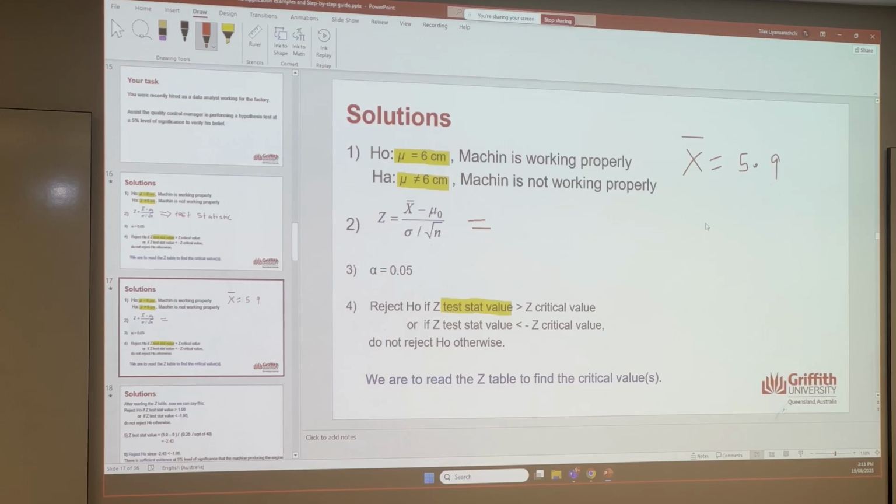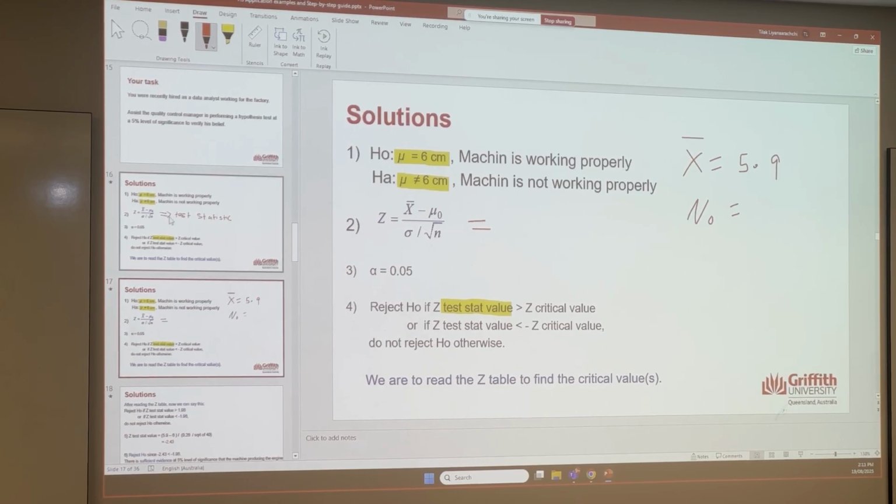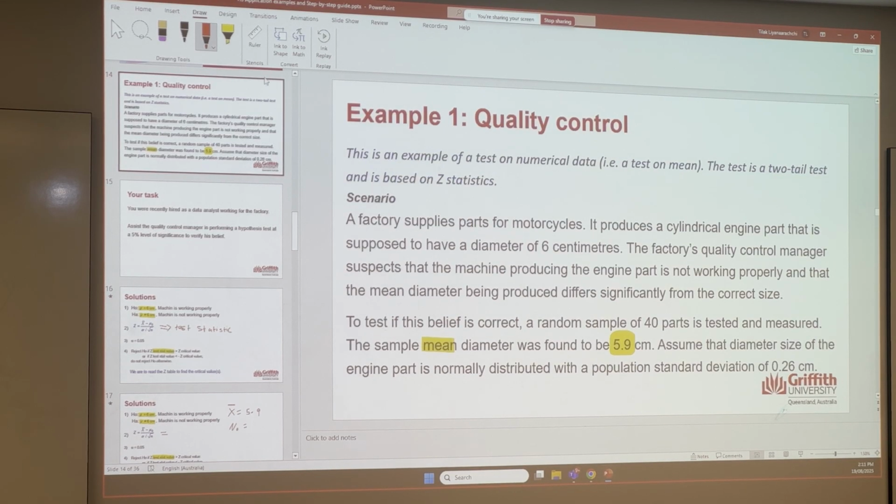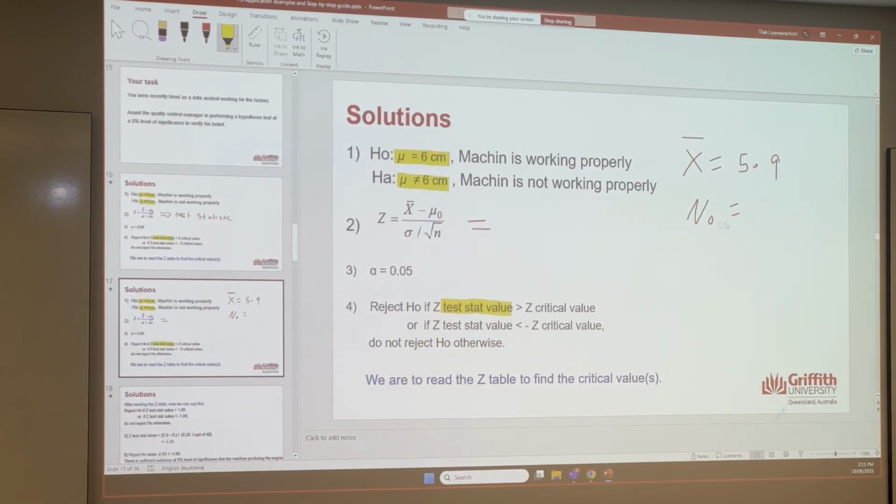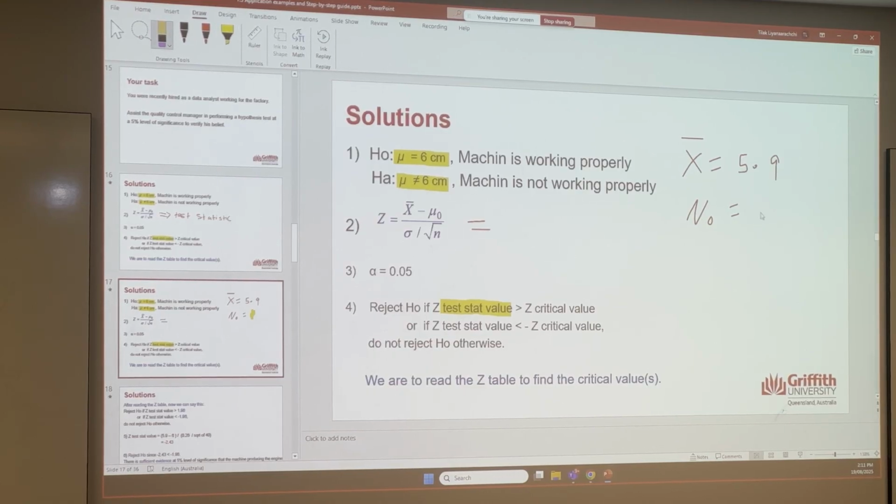Then what is mu naught? Mu naught is the hypothesis value, 6 centimeters. So mu equals 6.